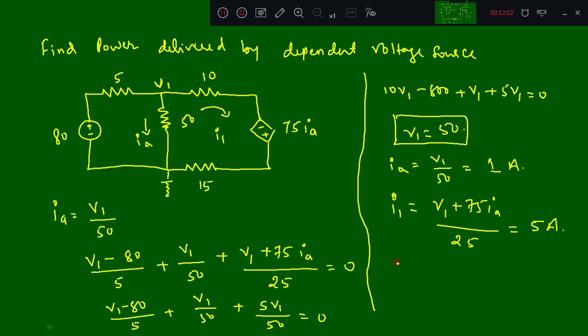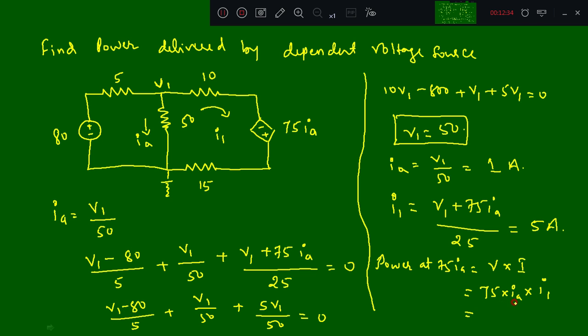So what is power? Power at 75 IA is V into I. V is 75 into IA, and the current is I1.